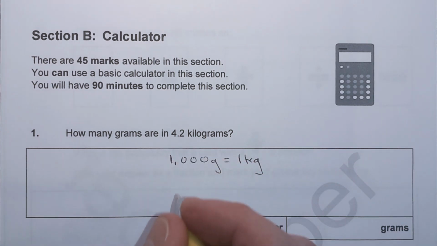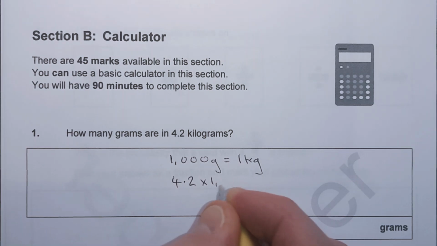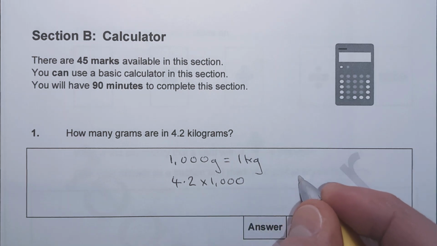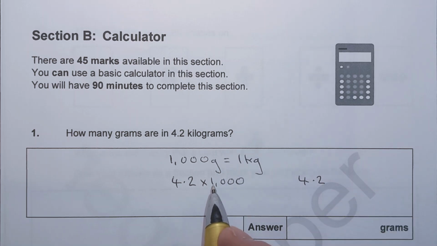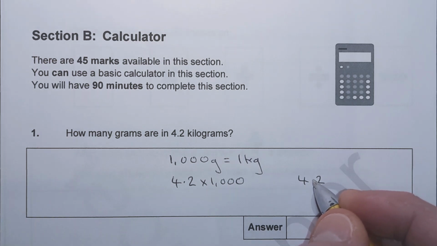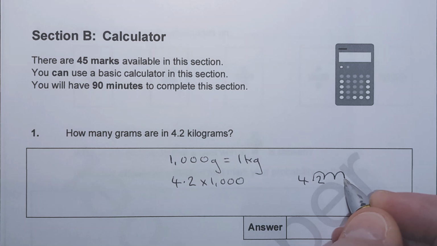So if we've got 4.2 kilograms, we need to multiply that by 1,000 to get up to grams. Now, we can start with the 4.2. We're multiplying by 1,000, so we've got 3 zeros. So making it bigger, and we're doing that by moving the decimal point once, twice, 3 times, once for each of the zeros. Then we can fill in the zeros here.